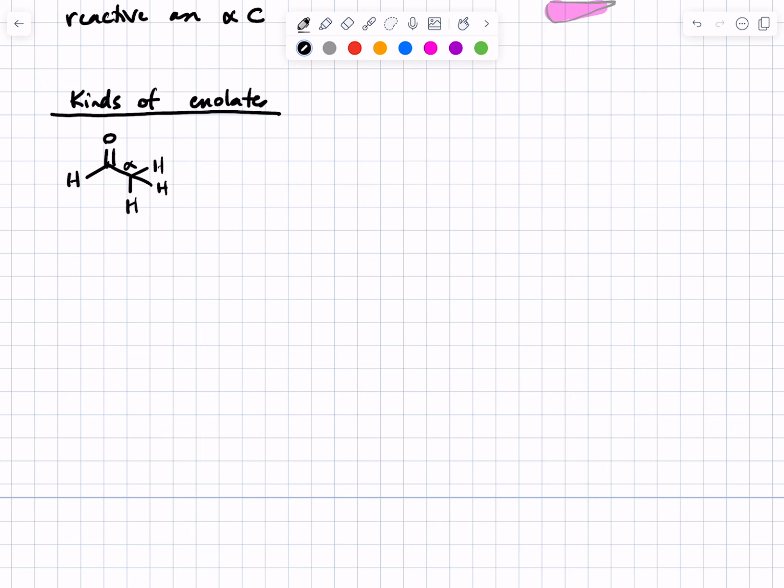And I'll write pKa here, and then we'll draw the enolate conjugate base. The pKa of an aldehyde is around 17. So that's not much less acidic than an alcohol. And of course, we'll draw the enolate conjugate base. We may not draw all of the enolate conjugate bases because you'll get the point pretty quickly.